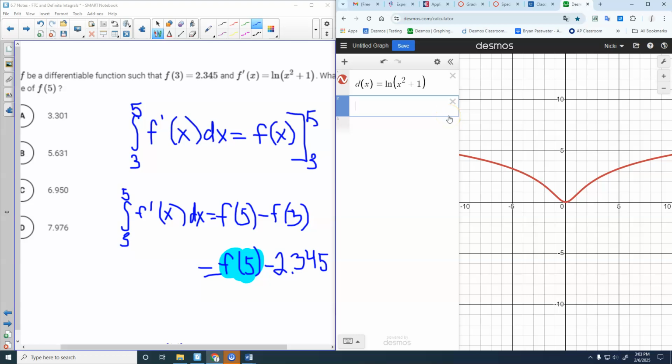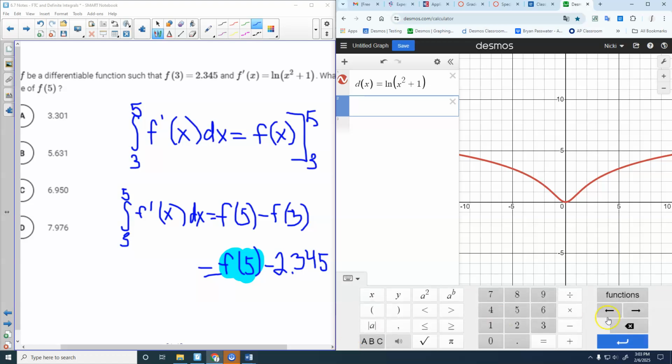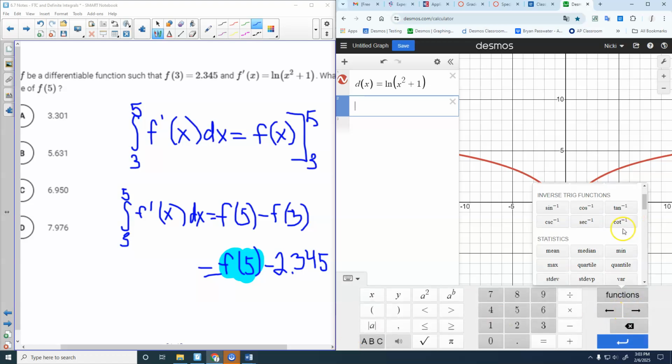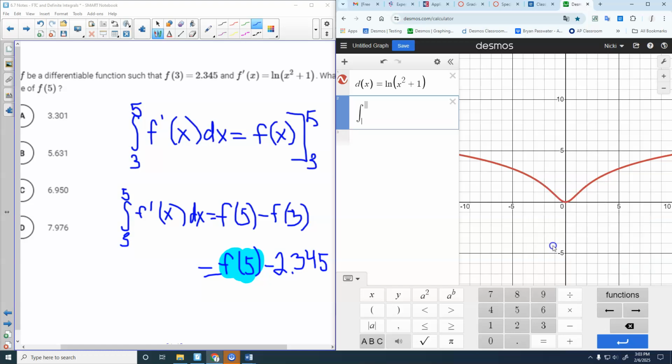Desmos does know how to do that and can do it for us, and this is calculator active. So if you go over here to functions and go down towards the bottom, right there under calculus, there is an integral symbol. And you're going to type in 3 to 5, and you're going to do d of x.